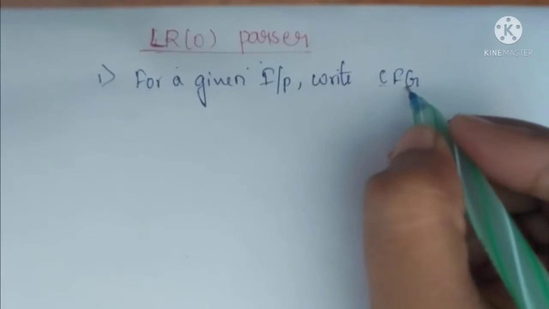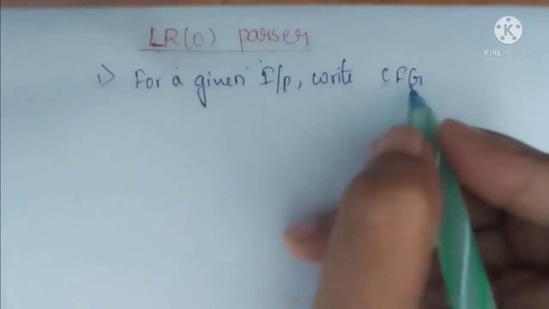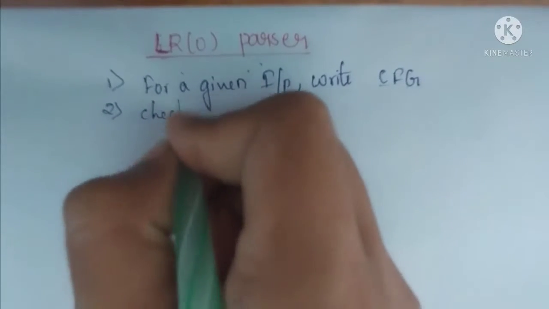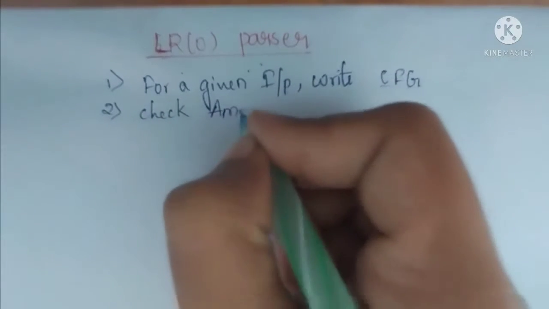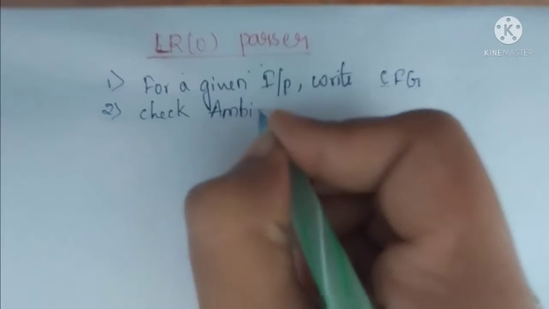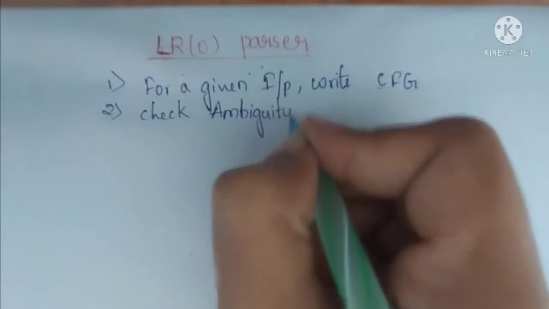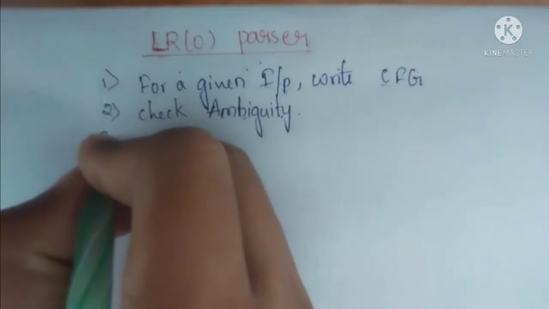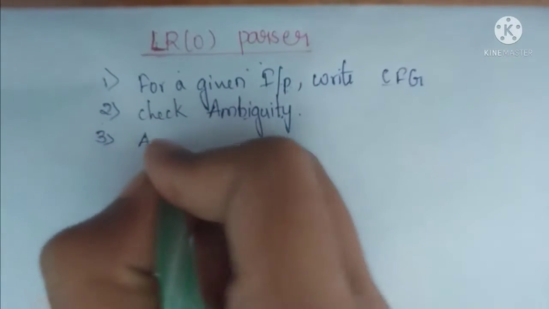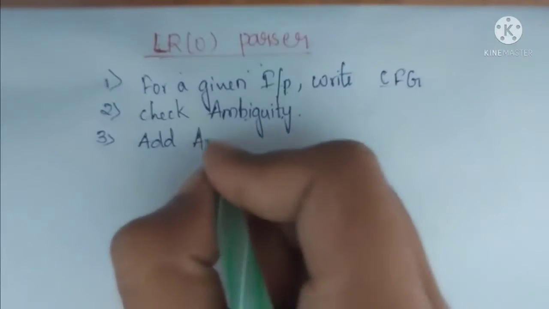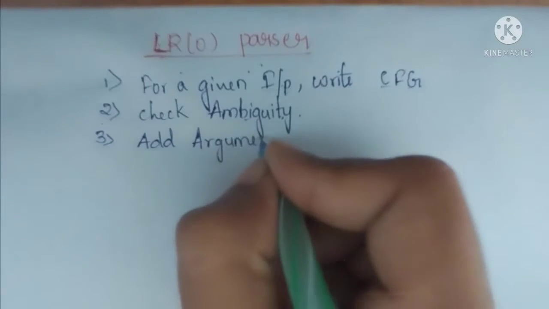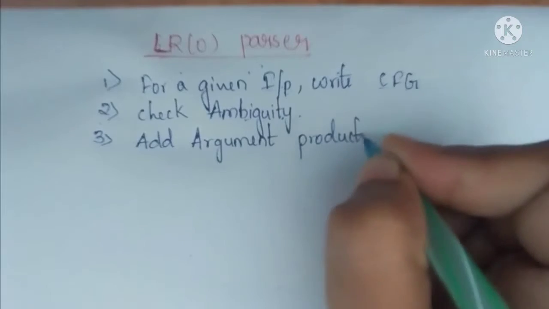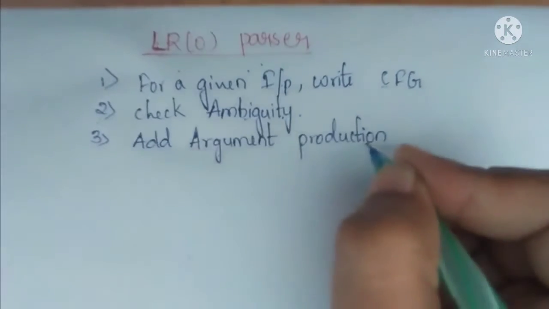For any input string, first write the context free grammar. Next, check for ambiguity. If any ambiguity is there, you have to check the ambiguity for the given input. Next is add argument prediction. I'll tell you what is meant by argument prediction.